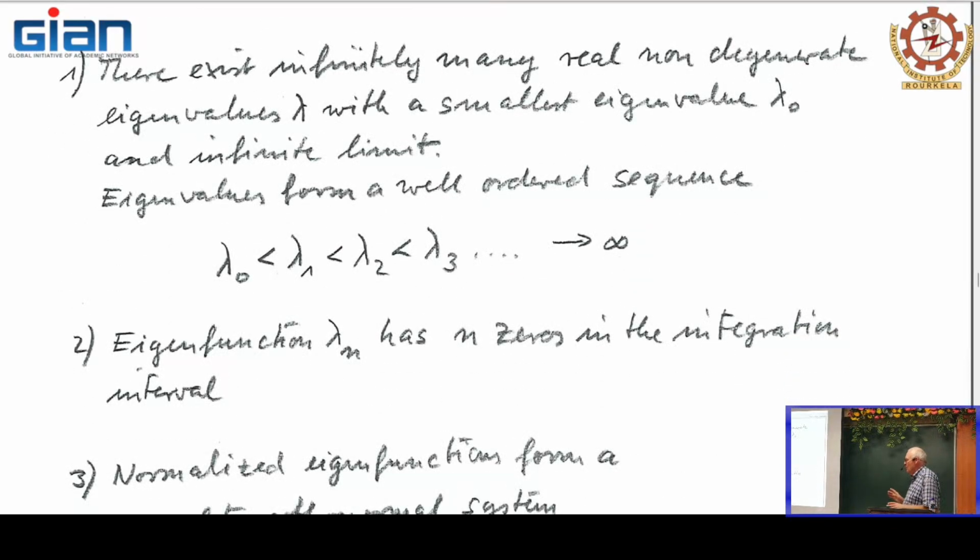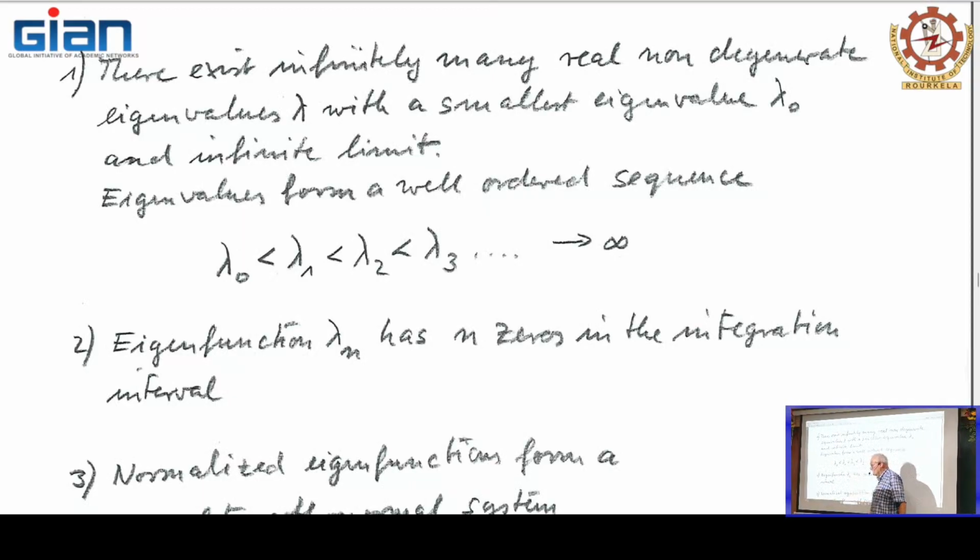The second property is also remarkable. It's formulated a bit misleadingly: the eigenfunction is, of course, not lambda n, but the eigenfunction which belongs to the eigenvalue lambda n has exactly n zeros in the integration interval. This is not true for any other problem, but for this problem, if we look at the eigenfunction of lambda 2, we will find 2 zeros in the integration interval.